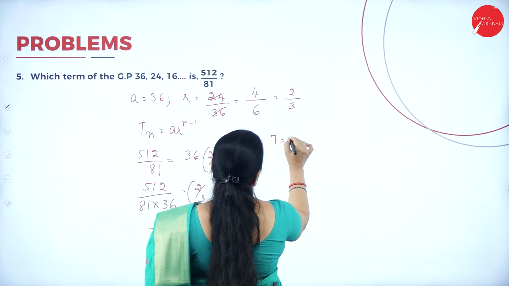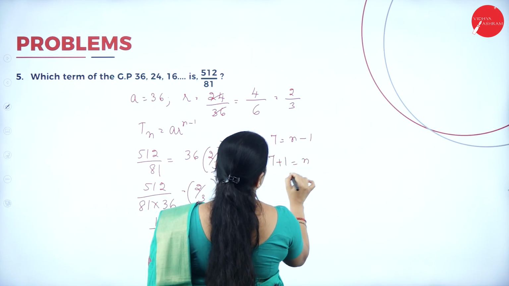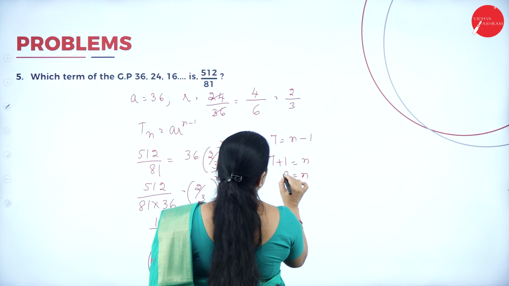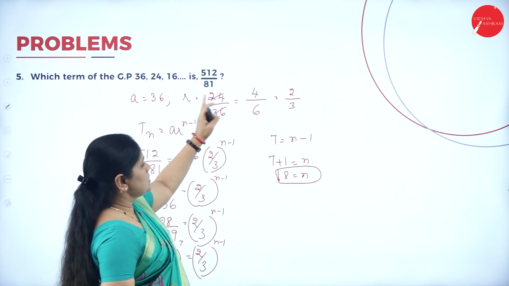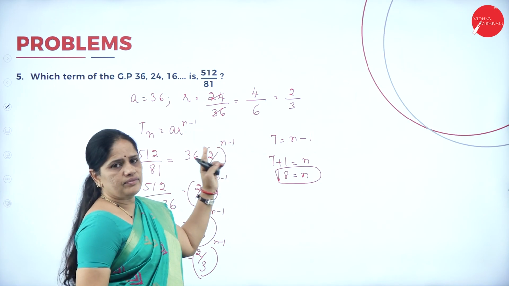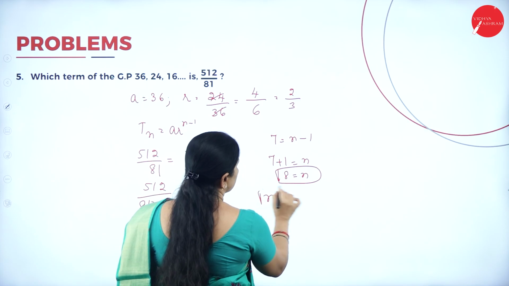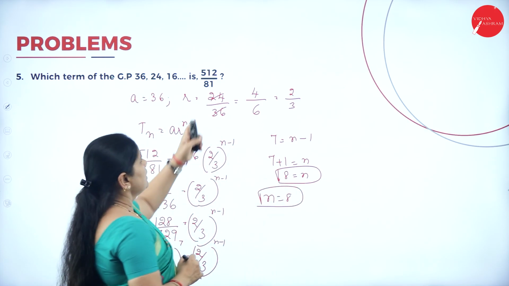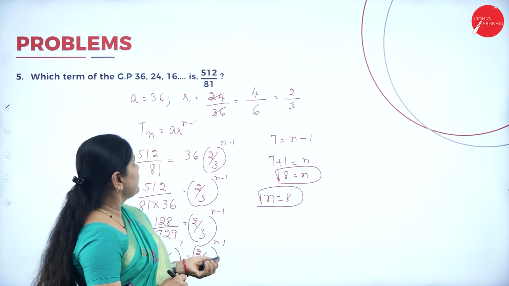So 7 equals n minus 1. 7 plus 1 equals n, or 8 equals n is the answer. So we get the value of n. So this is the 8th term of the progression, or n equals 8 is the answer. So the 8th term is 512 by 81.